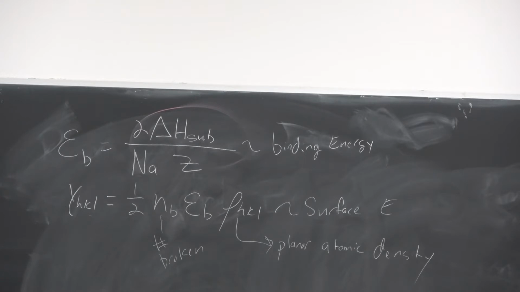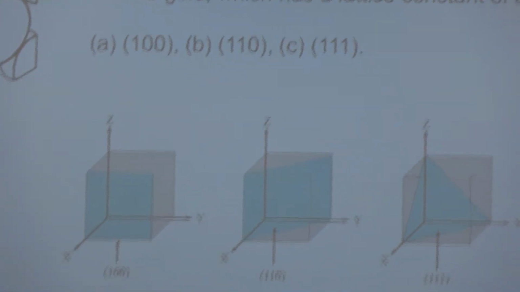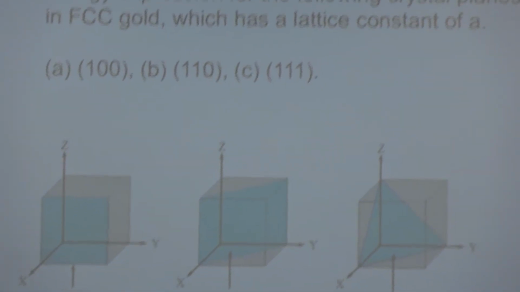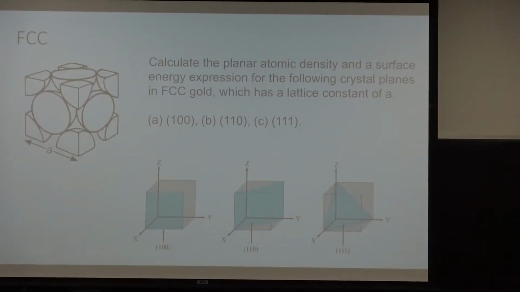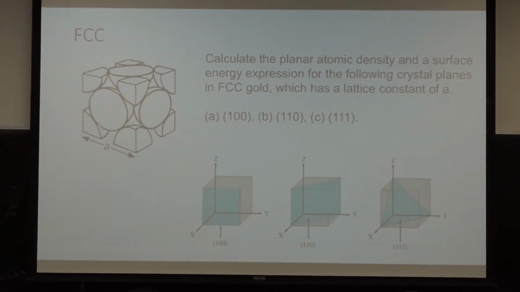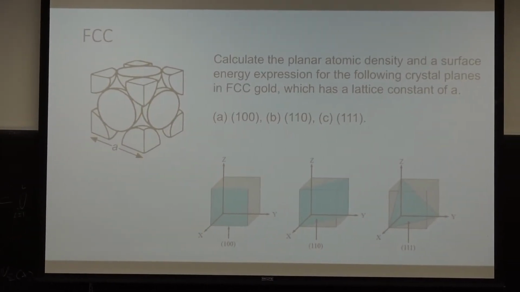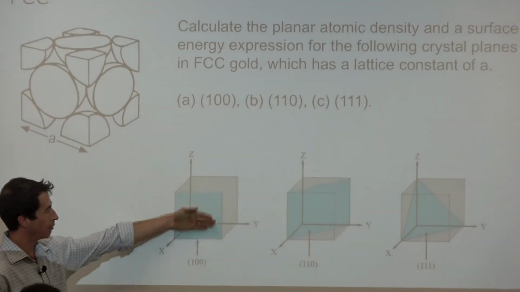In a FCC crystal. So for a 111, how many atoms do we have in the 100 plane? 2, right? So this is our 100 plane, right?